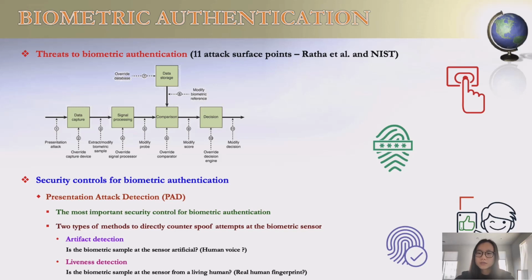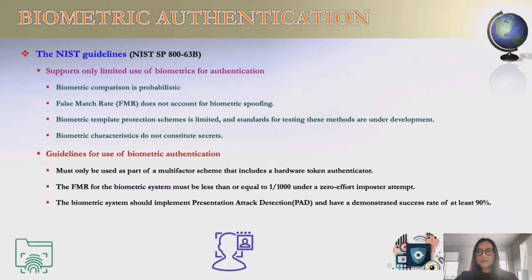The goal for presentation attack detection testing is to test a set of materials that present a potential attack level and also determine the maximum error rate found among these materials. The National Institute of Standards and Technology supports only the limited use of biometrics for authentication.